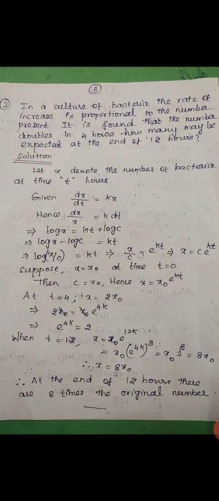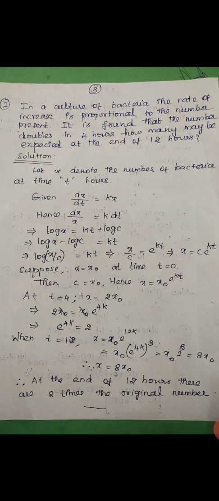It is found that the number doubles in 4 hours. How many may be expected at the end of 12 hours? Here the time is given as 12 hours, and we have to find how many are expected. It is automatically a growth and decay problem.